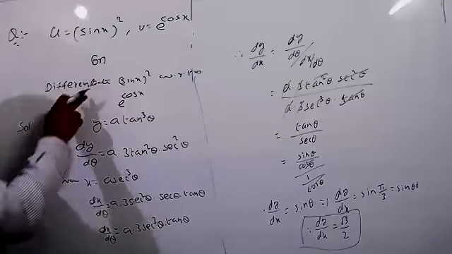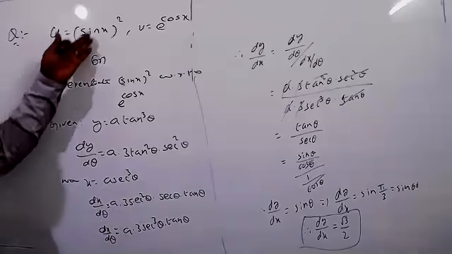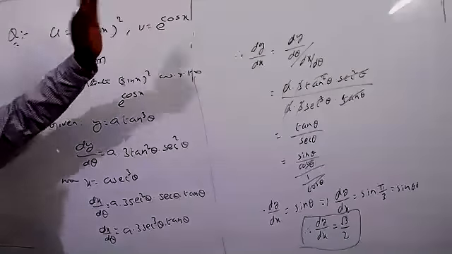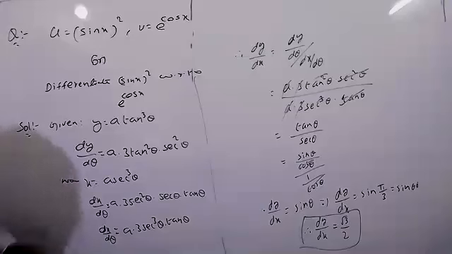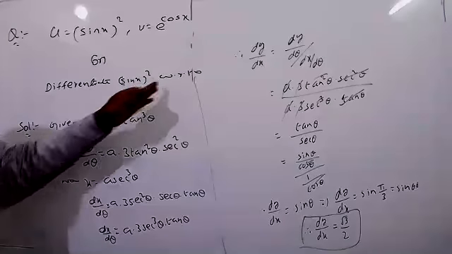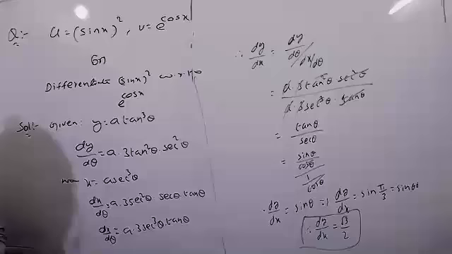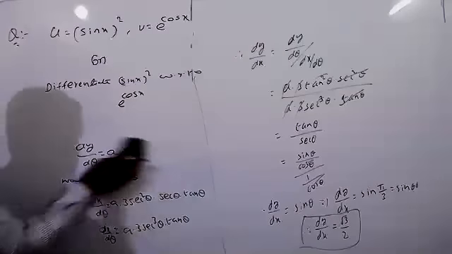They'll ask in both the ways. Either if u equal to sin x whole square and v equal to e power cos x, then find du by dx, one way. Next, differentiate sin x whole square with respect to e power cos x, second way. They'll ask in any way.